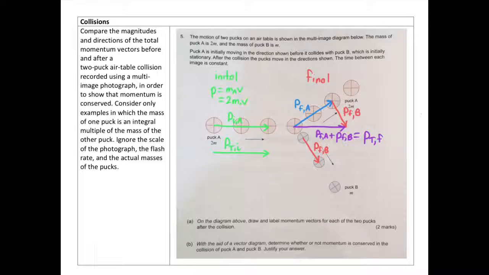But we need to really be a little bit more specific than that. They are both the same length. They are both going in the same direction. Therefore, we have shown that the total initial momentum is equal to the total final momentum.